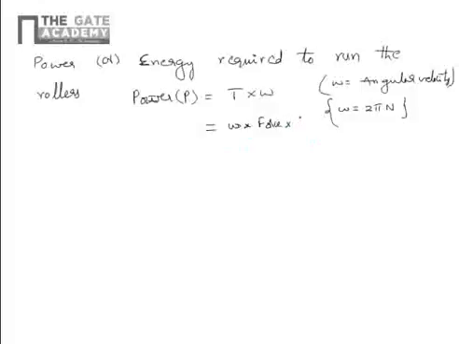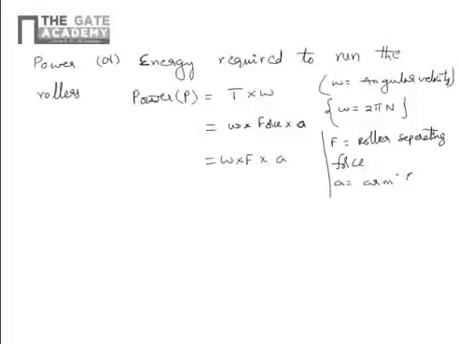Here the radius we have to take as the length of contact, which is actually considered as A. So omega into force into A, where F equals the roller separating force.